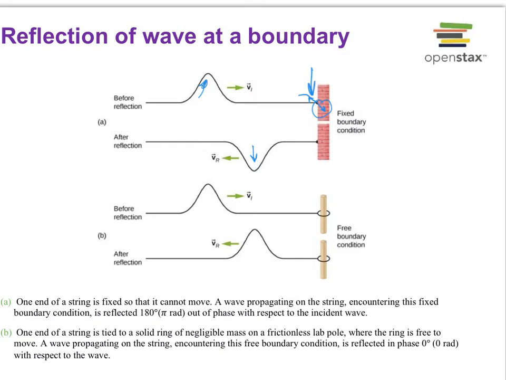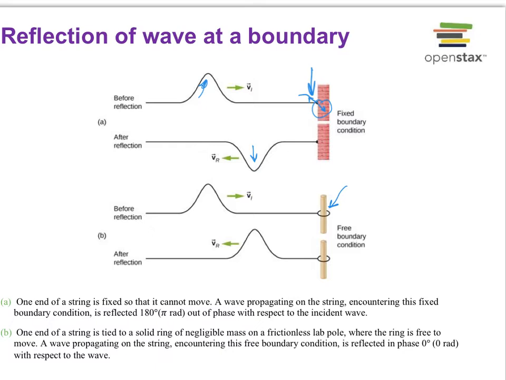Now, the opposite happens, or we could say nothing happens, if the boundary is free. And this is where I was trying to describe, say, a vertical pole with the string looped around it, but it's free to move up and down.